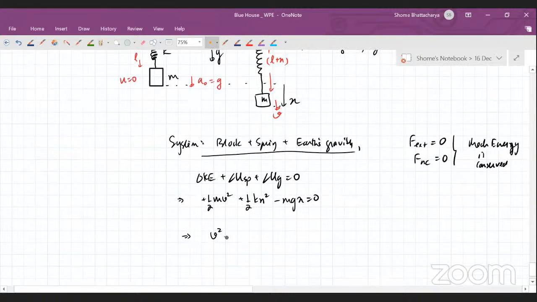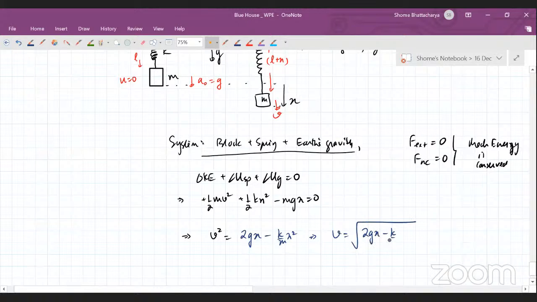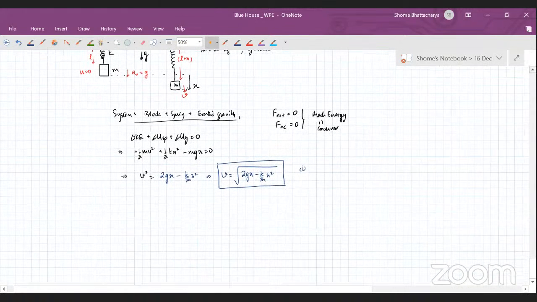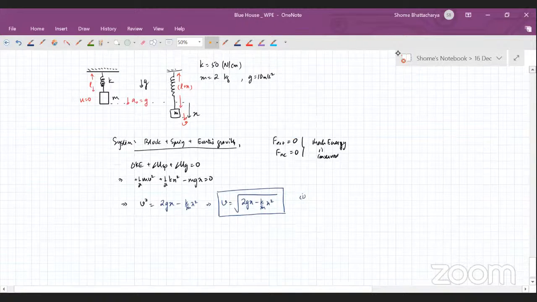So from this you can see that v square is equal to 2gx minus k by m x square, or v as a function of x is like this. So this is the first part's answer. The speed of the block as a function of its downward displacement x becomes like this.